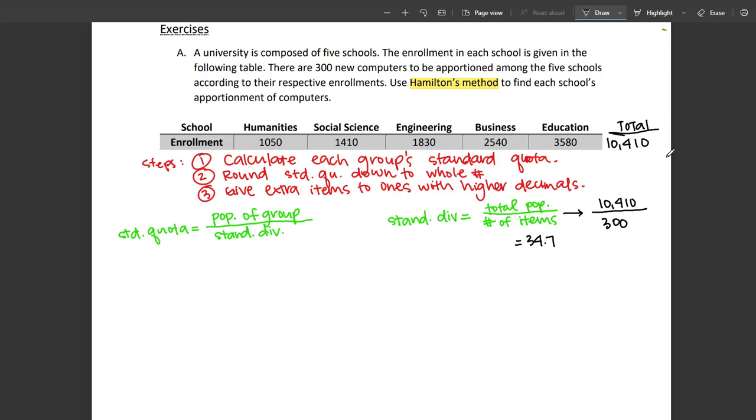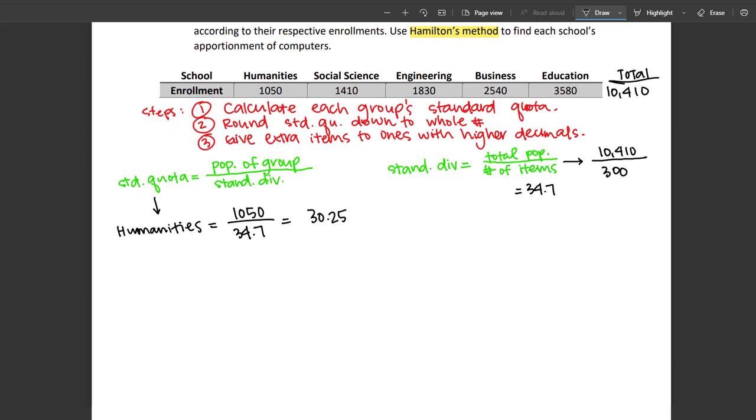Now we can find the standard quota for each school. The first one we are looking at is humanities. The population of that group is 1,050, divided by 34.7, which gives us 30.25. We are going to do this all the way down for each school.